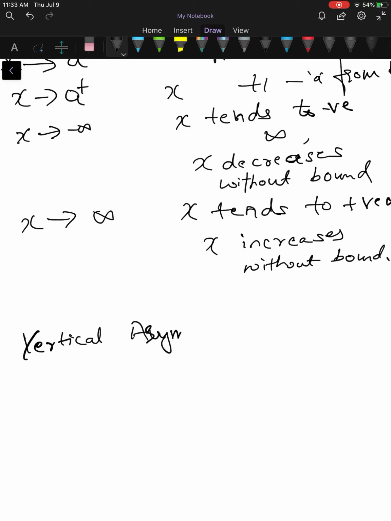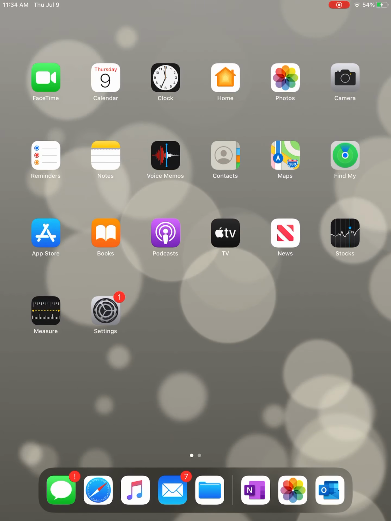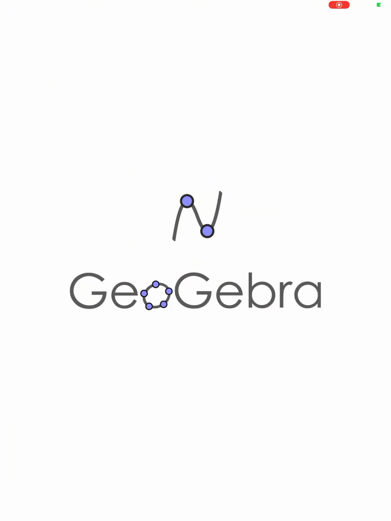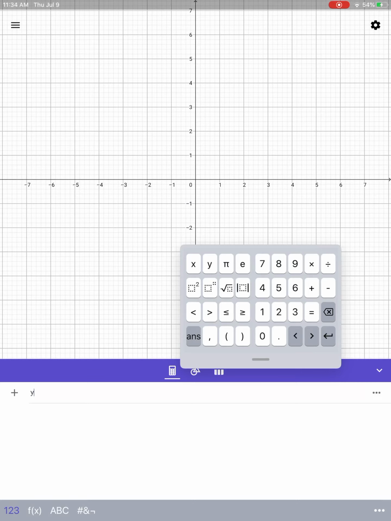Vertical asymptote. If you have your function f of x equal to 1 over x, you have the function of this form. So let me use a graphing calculator. y is equal to 1 over x.